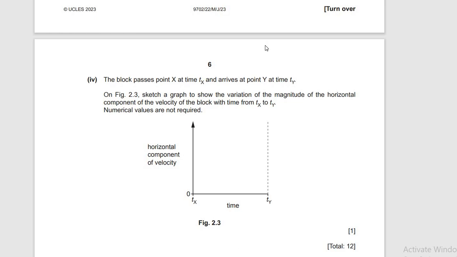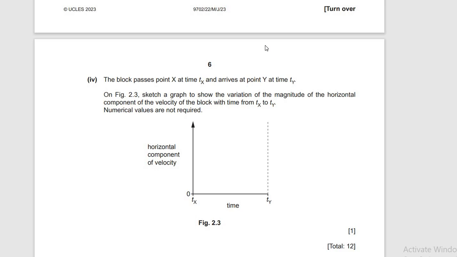The block passes point x at time tx and arrives at point y at time ty. Sketch the graph to show the variation of the magnitude of the horizontal component of velocity from tx to ty. When the body is projected, gravity has no effect on the horizontal component.